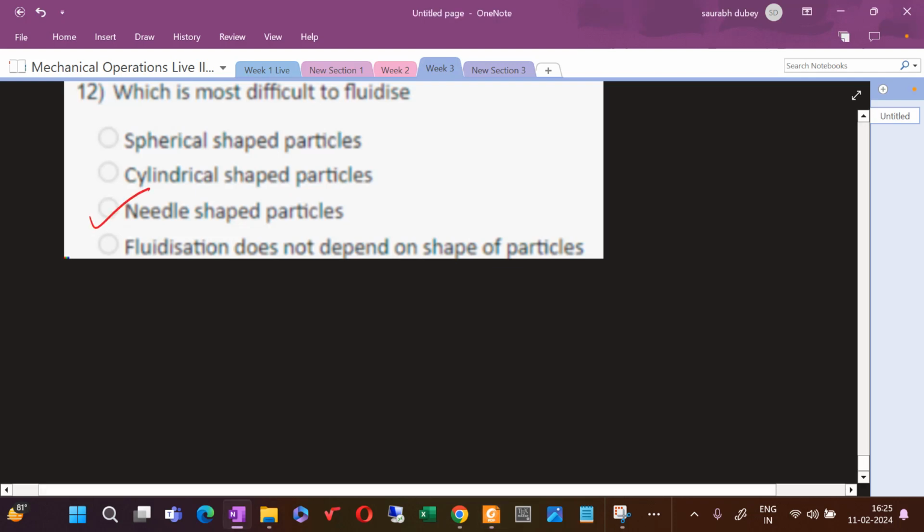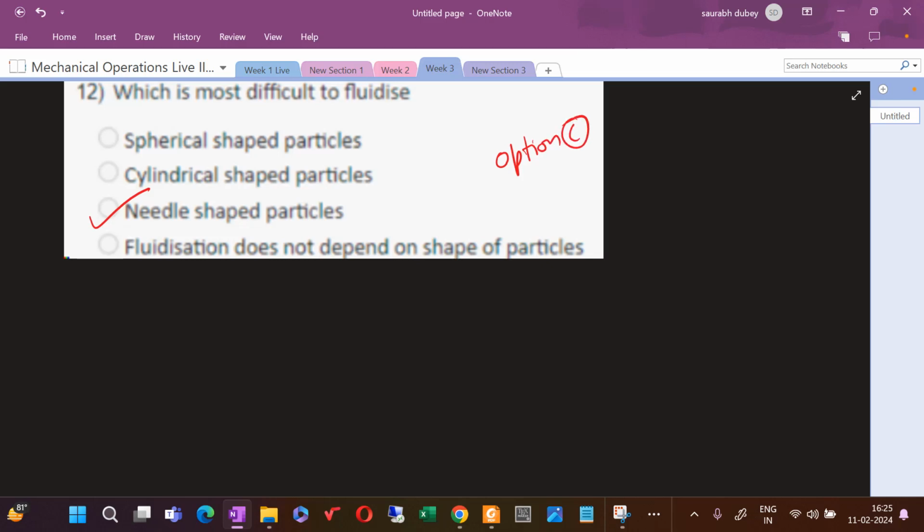So option C is the correct answer: drag resistance, larger shift in the incipient condition, and improper uniformity in the bed. Okay, so that's all about question number 12.